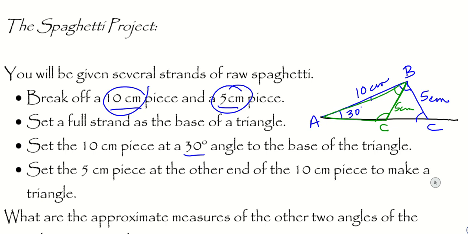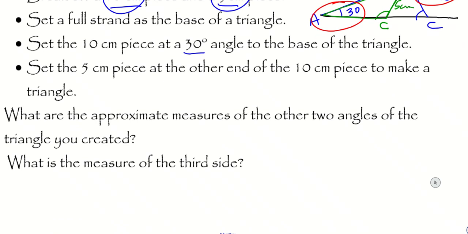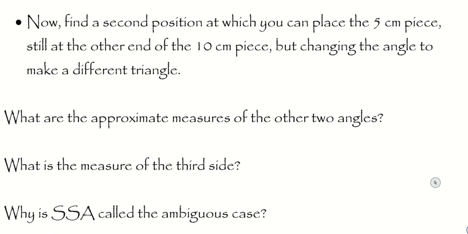So this just illustrates that with two known sides and an angle, in the side-side-angle case, it is possible to build two different triangles that have those specifications, right? Since we don't know which one we're trying to find, that's why we call it the ambiguous case.